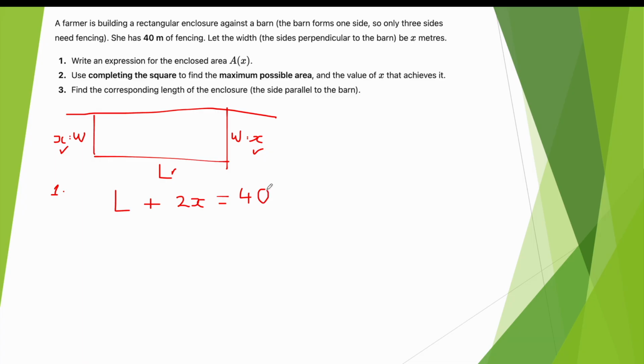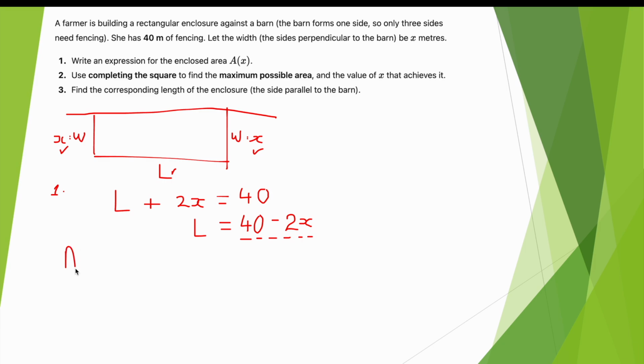Now, if we were to write this in terms of x in the future, we would like L to be completely eliminated. In order to do that, we are going to rearrange the formula so that we have L as the subject of the formula. So L is equal to 40 minus 2x. Then all we need to do is find the area. But instead of writing it in terms of L, we're going to write it completely in terms of x.